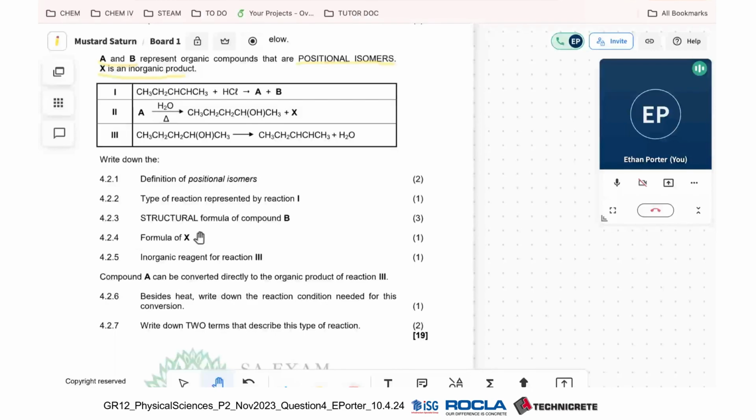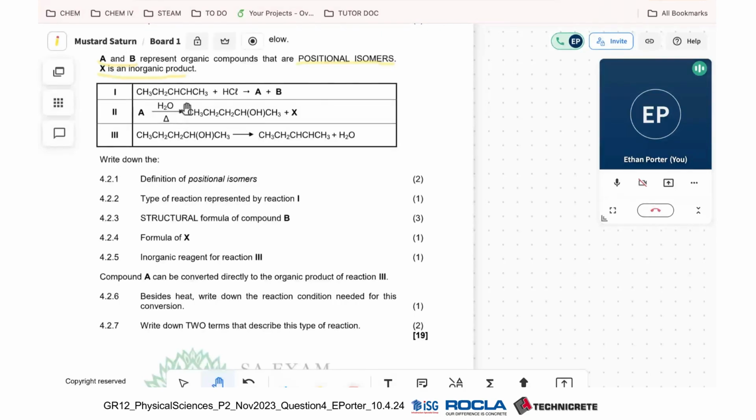All right. So the next question: write down the formula of X. So what is X? We have some starting molecule, and we know what A is. It's this molecule with HCl added across it. So it's a haloalkane, and then it's reacted with water and heat. This is basically a hydrolysis, where we add OH and essentially displace the chlorine atom.